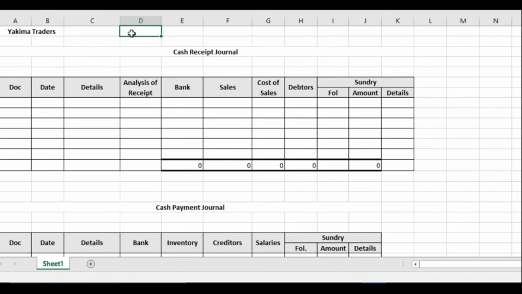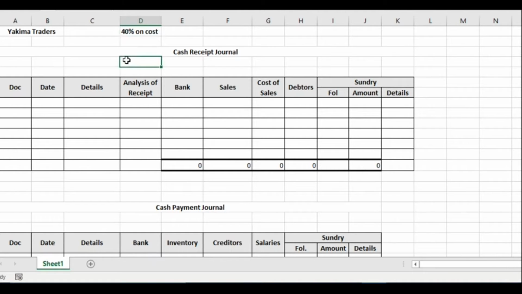Sorry for that. Okay, so this is what we know for a fact. It's 40% on cost price.